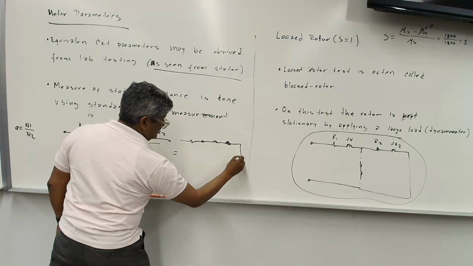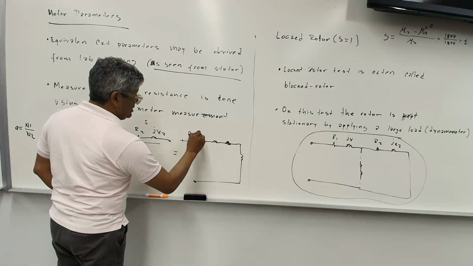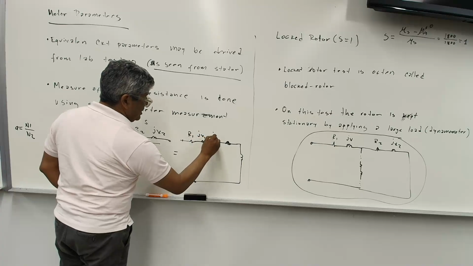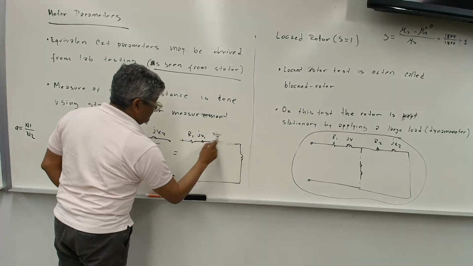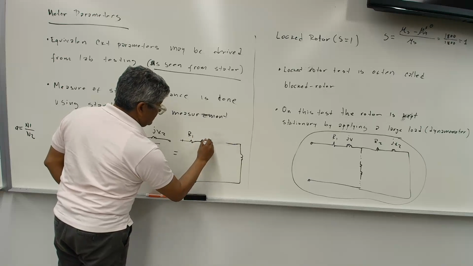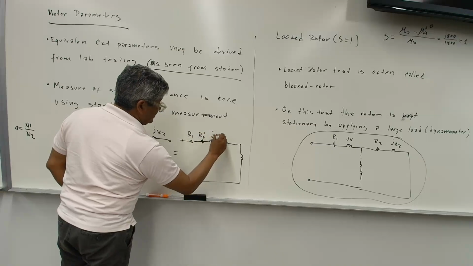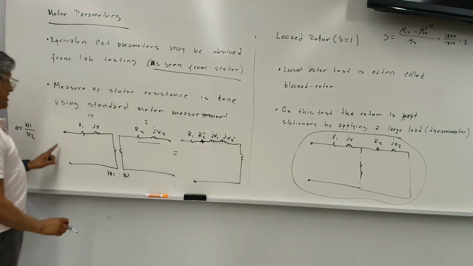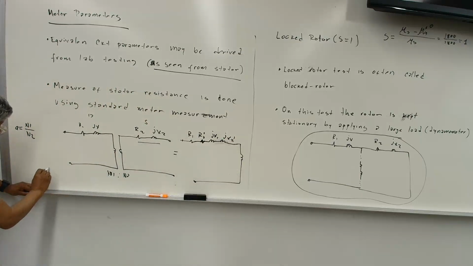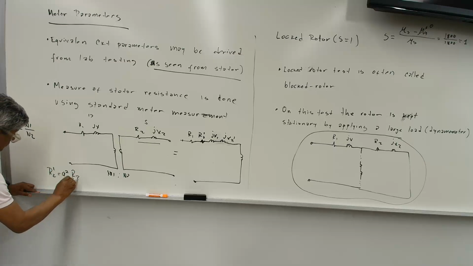We end up with a circuit that looks like that: R1, JX1, this is R2 prime, and this is JX2 prime. R2 prime is equal to A squared times R2, and JX2 prime is A squared times JX2, right?